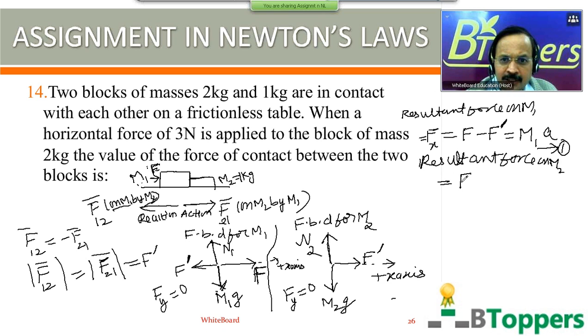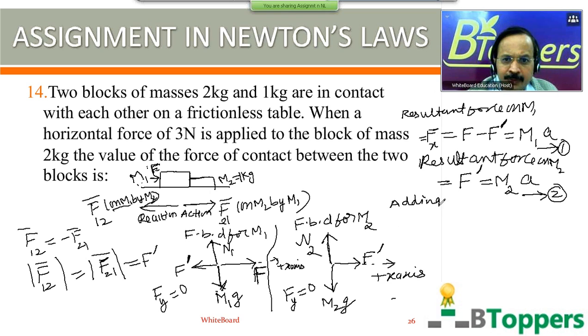The only force which acts on M2 in the horizontal direction is F dash, which represents the magnitude of the force on M2 by M1, which acts towards the right. From Newton's second law, the resultant of all the forces on M2 will be equal to the product of its mass and acceleration. The acceleration is the same for both the blocks here.